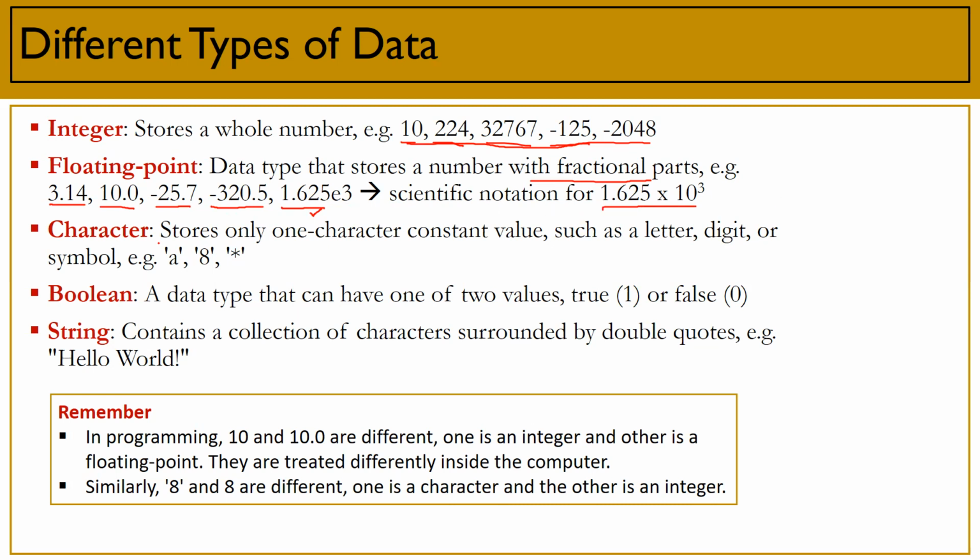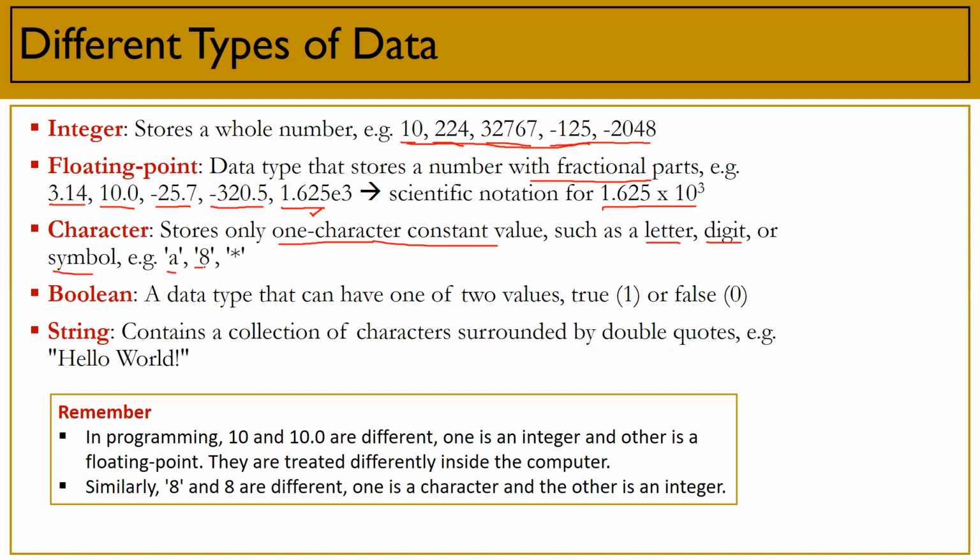Then the character data type stores only one character constant value, and that one character constant value could be a letter, a digit, or a symbol. For example, here we have character A, and character data type values are kept inside single quotes.